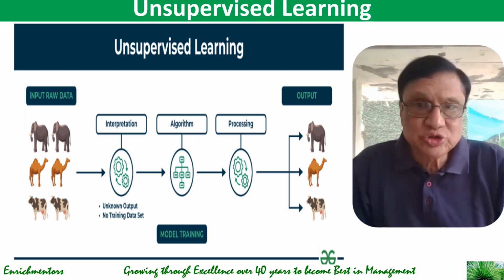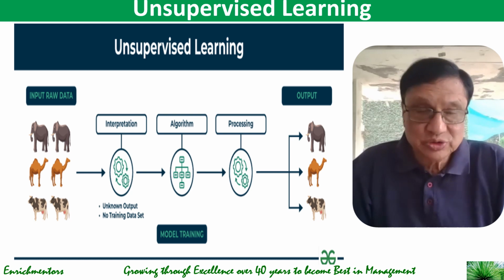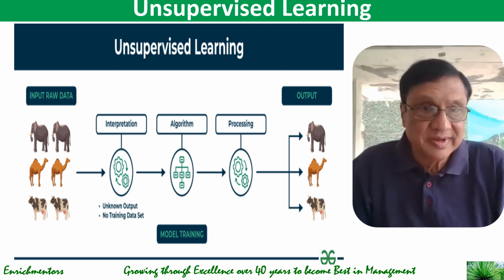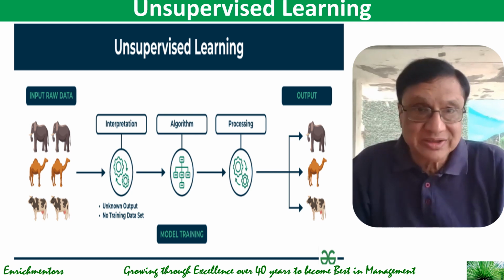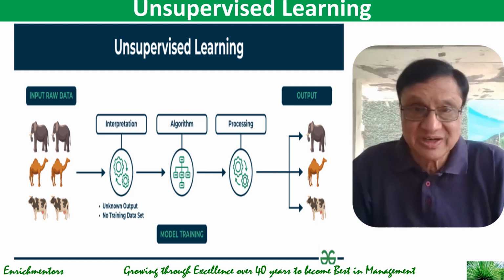The second type is unsupervised learning. In unsupervised learning, the data set consists of input data without corresponding labels or target values. So there is no output given in this unsupervised learning model. Here the goal is to find patterns, structures, or relationships within the data without explicit guidance from labeled examples. What are the examples of unsupervised learning? This could include clustering, where you group similar data points together into clusters based on their features, like customer segmentation and image segmentation.